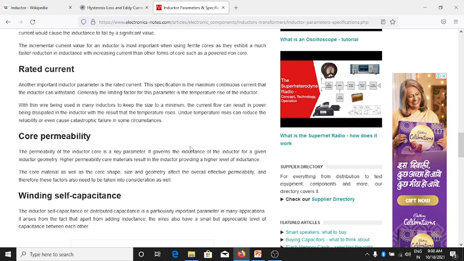The current flow can result in power being dissipated in the inductor with the result that the temperature rises. Undue temperature rise can reduce the reliability or even cause catastrophic failure in some circumstances.